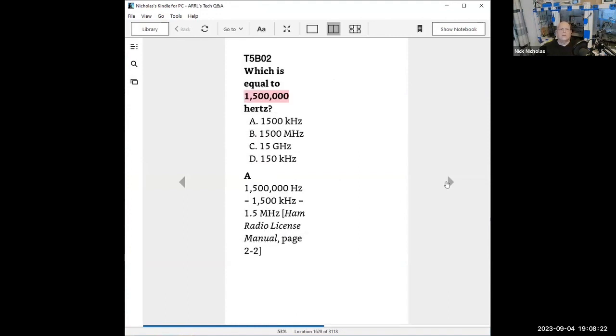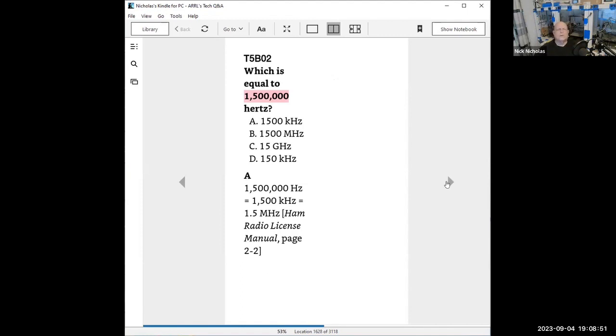The next question it asks here is, which is equal to 1,500,000 hertz? Well, let's figure this out easy. 1,500 kilohertz.